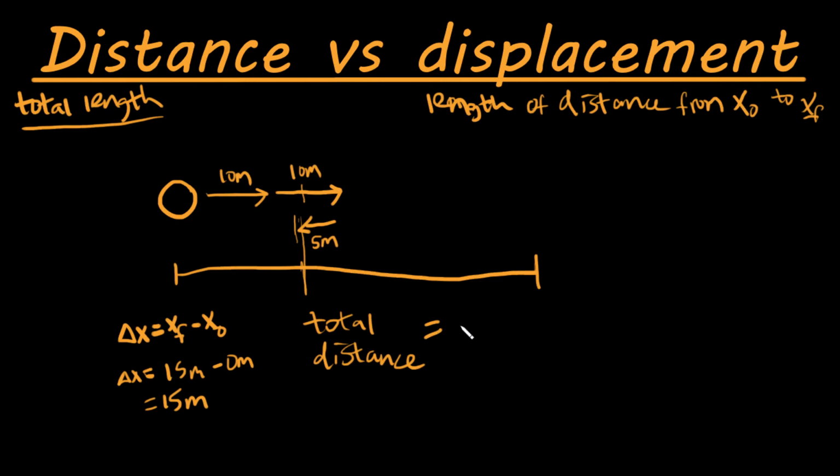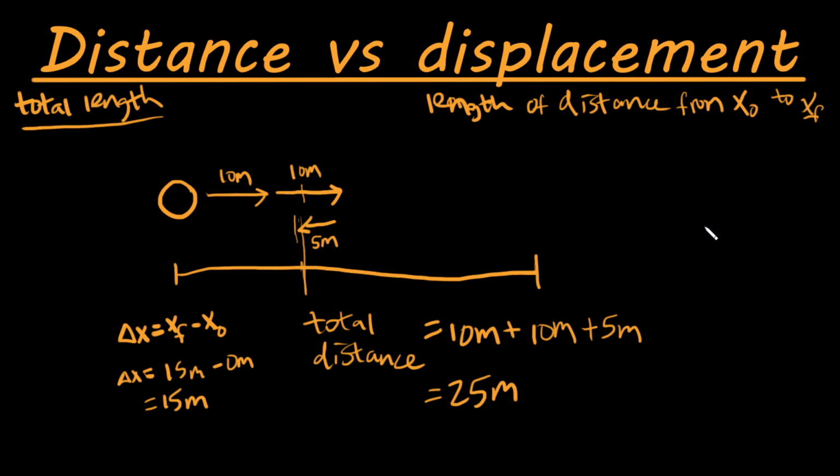So total distance is going to be that initial 10 meter move plus another 10 meter move plus we went 5 meters back this way. So our total distance is going to be equal to 25 meters. And you see how this is different from displacement, where it was only 15 meters, right? Where it started, where it ended up, 15 meters to the right. Whereas the total distance that the object traveled is actually 25 meters.